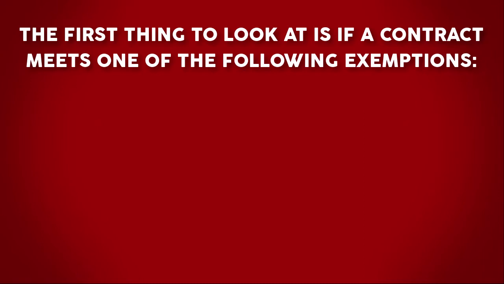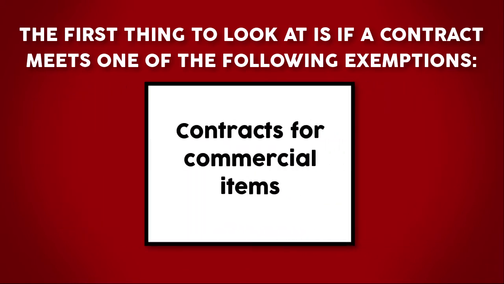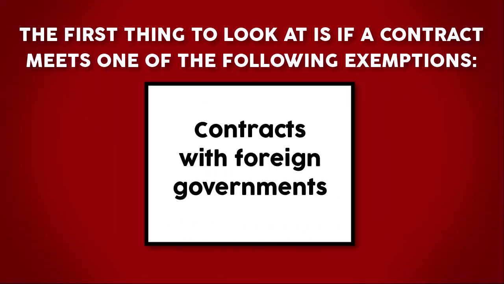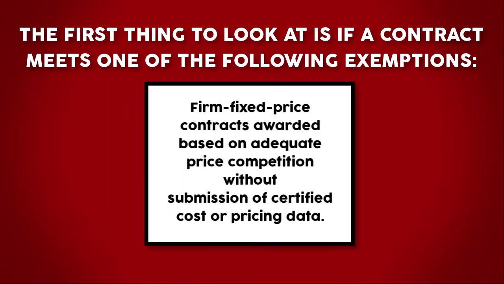The first thing to look at is if a contract meets one of the following exemptions: sealed bid contracts, contracts for commercial items, contracts where the price is set by law or regulation, contracts with foreign governments, or firm fixed price contracts awarded on adequate price competition without submission of certified cost or pricing data.